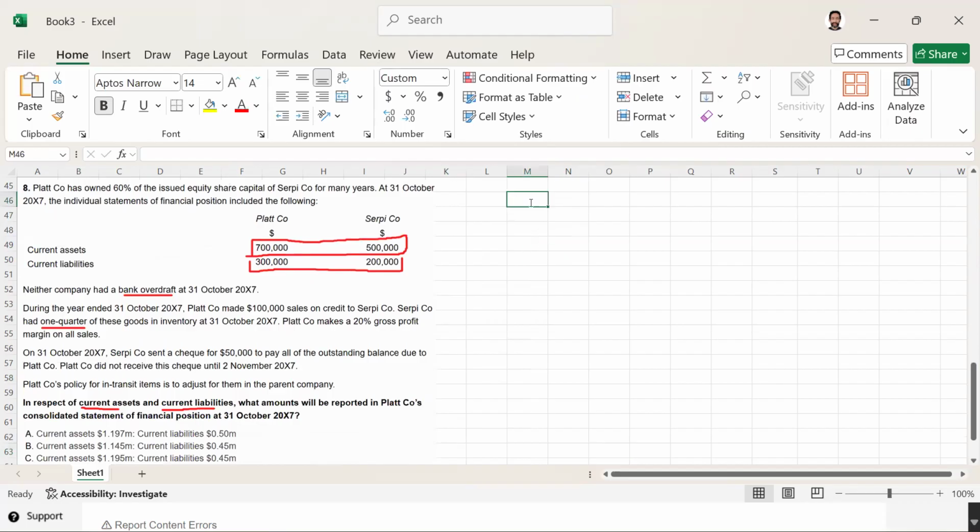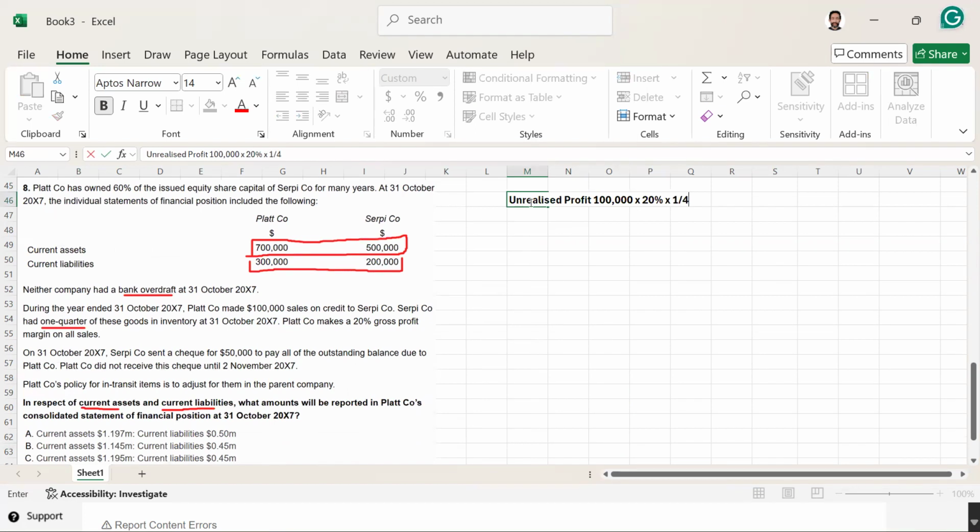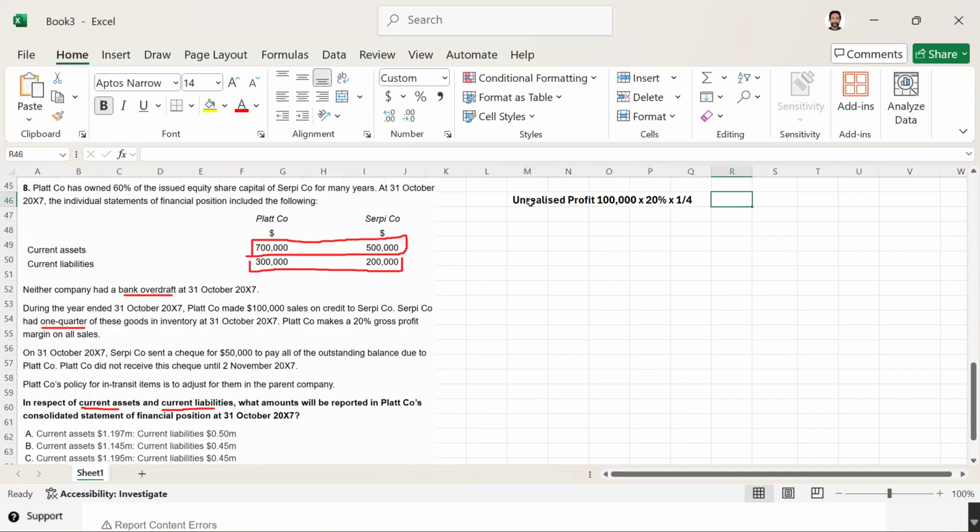So we have the unrealized profit. The value of the items is 100,000. We take 20% as the gross profit, and we multiply this by 1/4 since this many goods are still there. That is 100,000 into 20%, that is 20,000. So 20,000 divided by 4, that is 5,000.